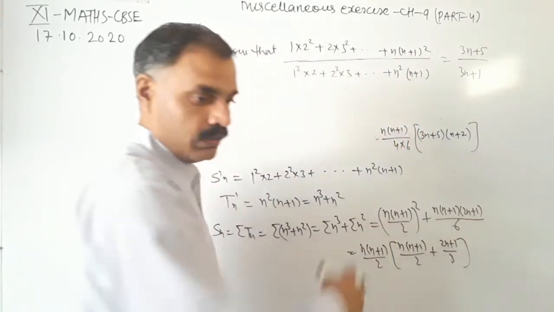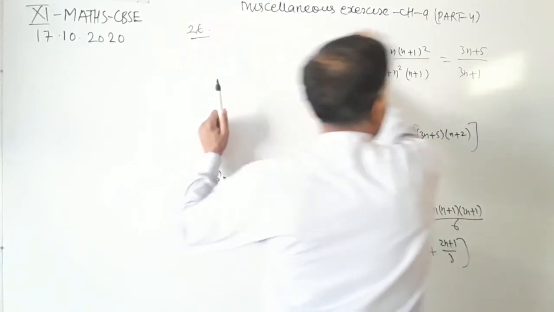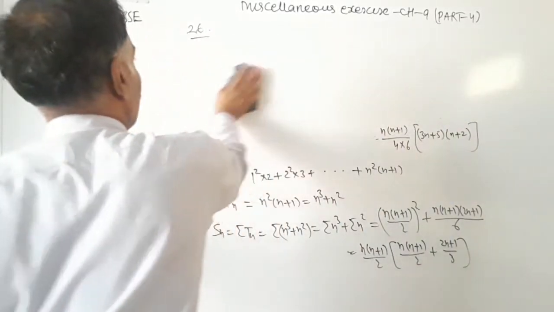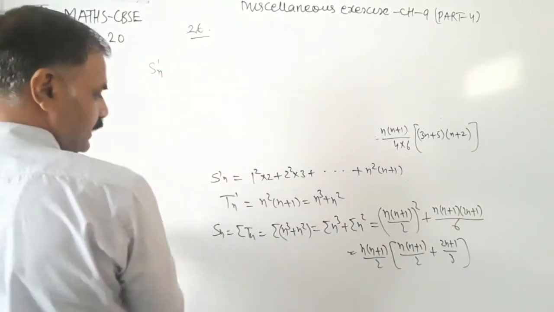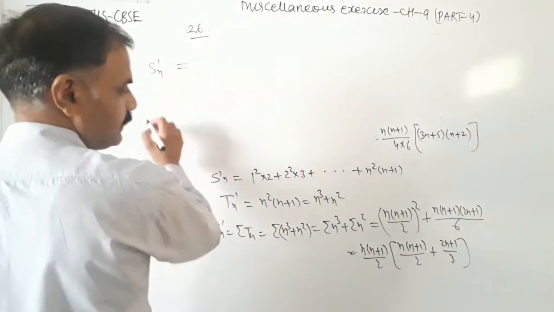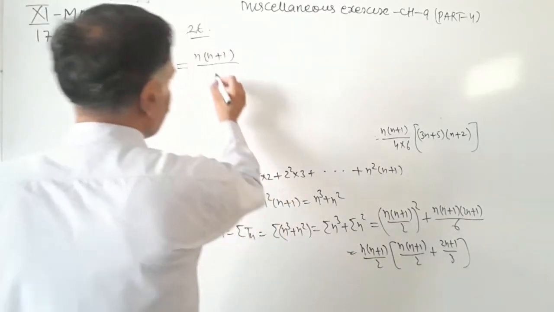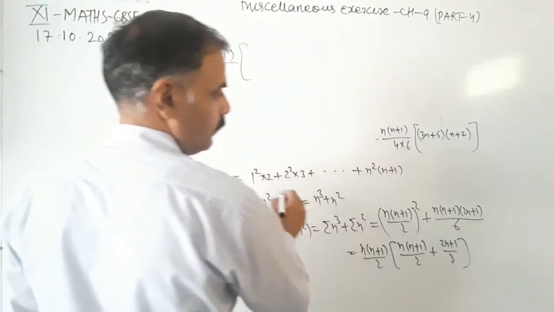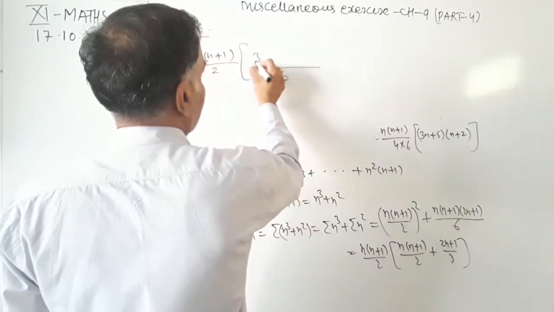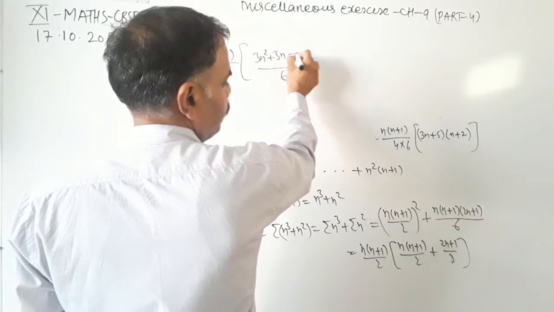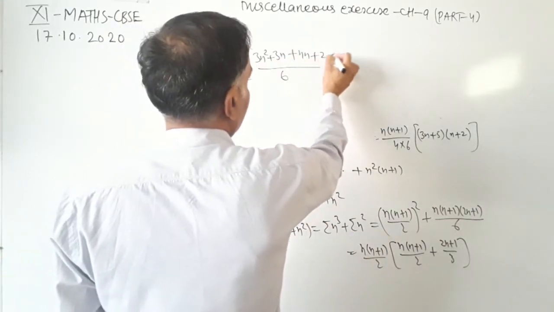Okay, so solving this, we will have S dash n equals n into n plus 1 by 2 into, taking 6 as common, 3n square plus 3n plus 4n plus 2.